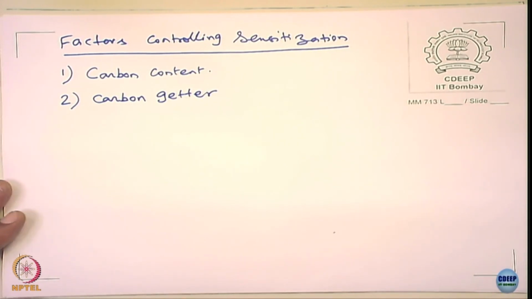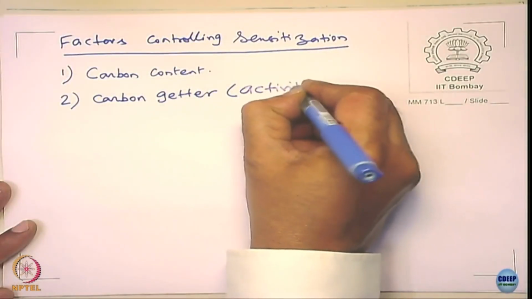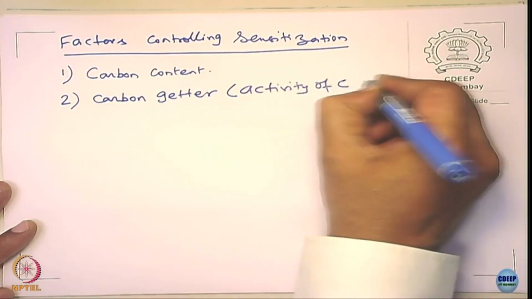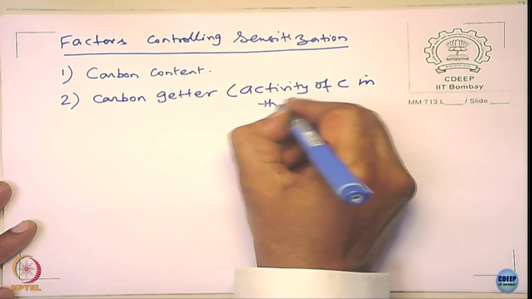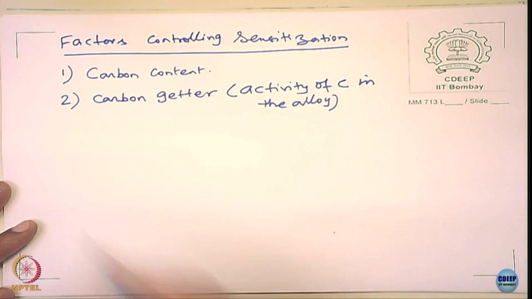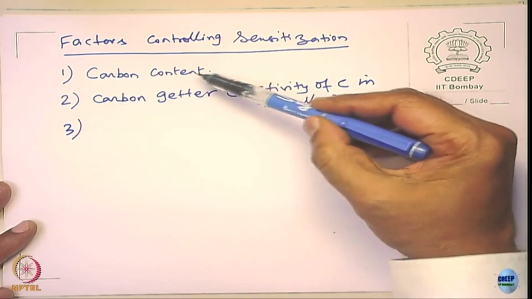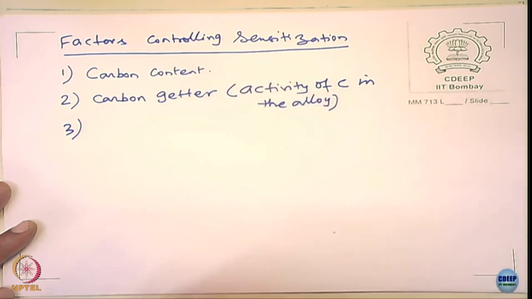If you can remove the carbon activity in the alloy, what happens? It decreases the kinetics. A carbon getter can change the activity of carbon in the alloy. These are changing the activity of carbon.